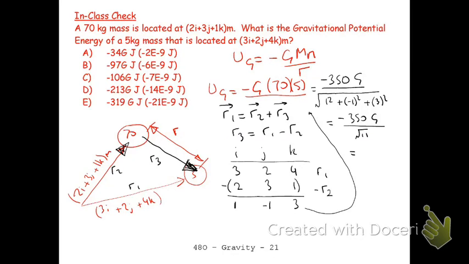So this equals, man, I hope I did this right. So this is going to be 350 divided by square root 11, enter. I'm getting 105, 105.5, 106. 106G joules. It's going to be negative, of course, because that negative sign is in there.